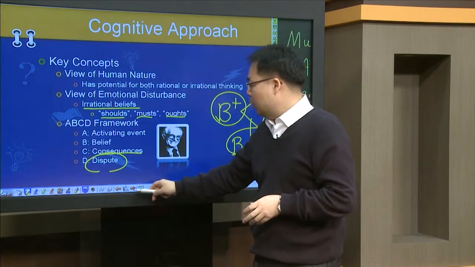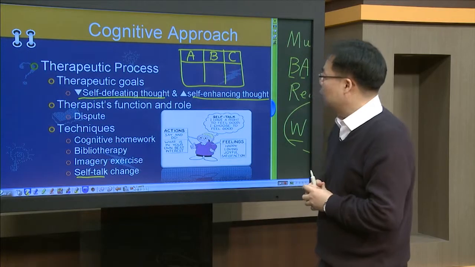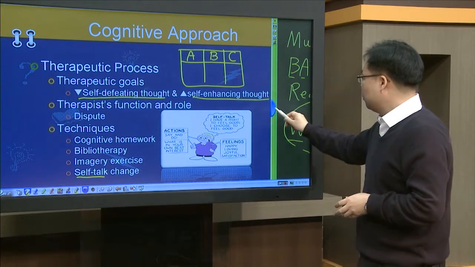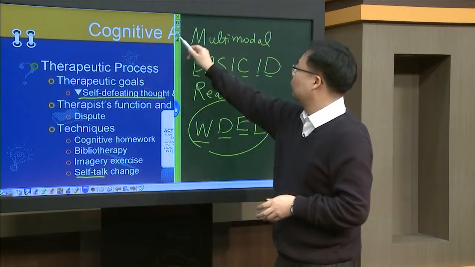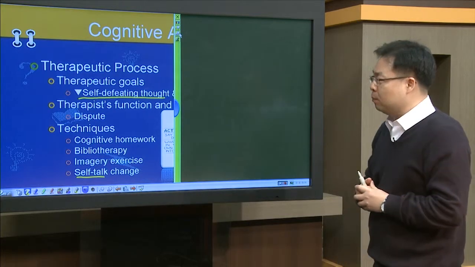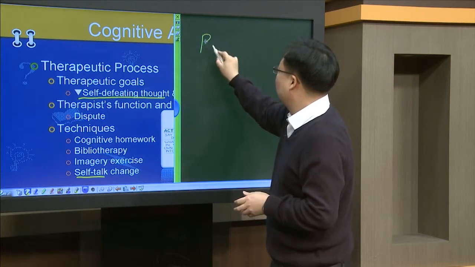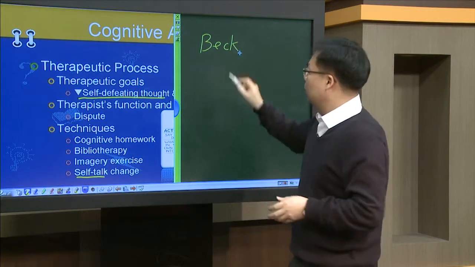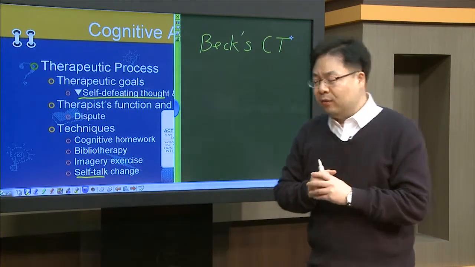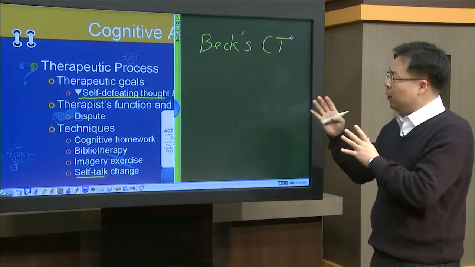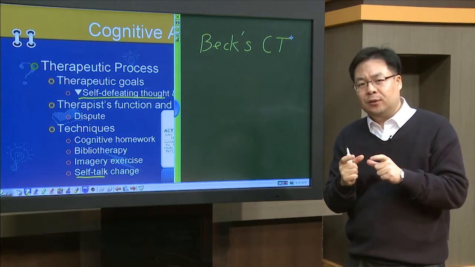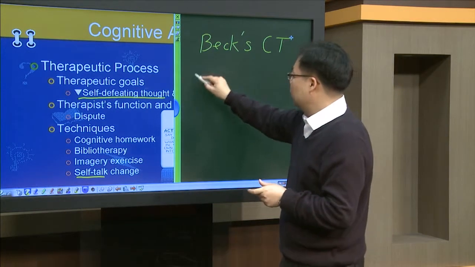And also, we talked about the cognitive approach by Albert Ellis, rational emotive, but in the objective, I wanted to introduce Beck's cognitive therapy. If I compare Beck's cognitive therapy with Albert Ellis's A, B, C, D, E, let's review here.